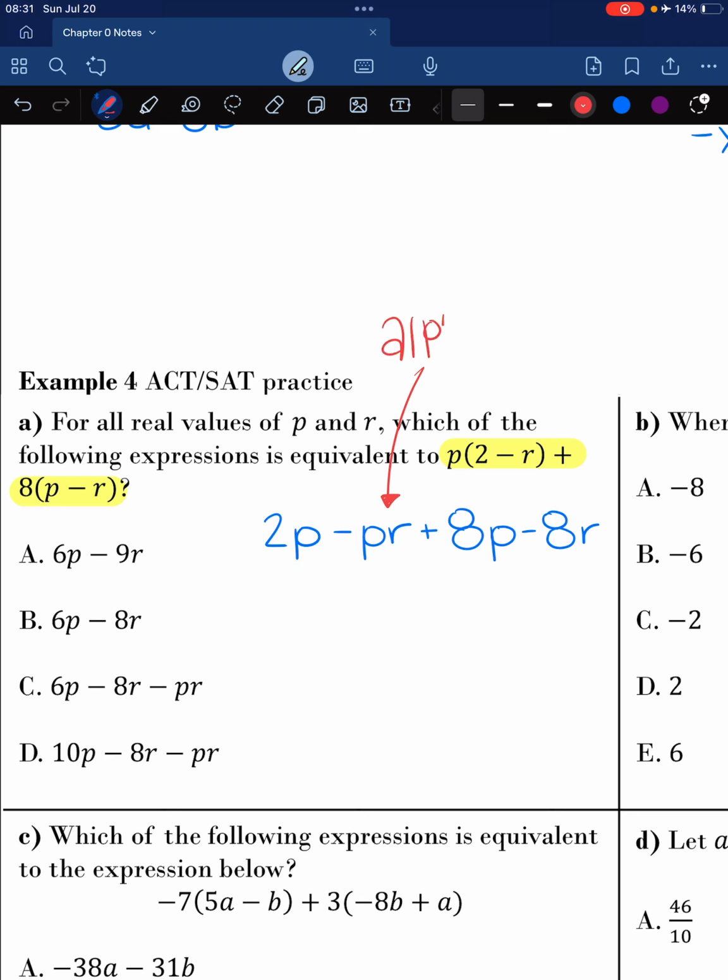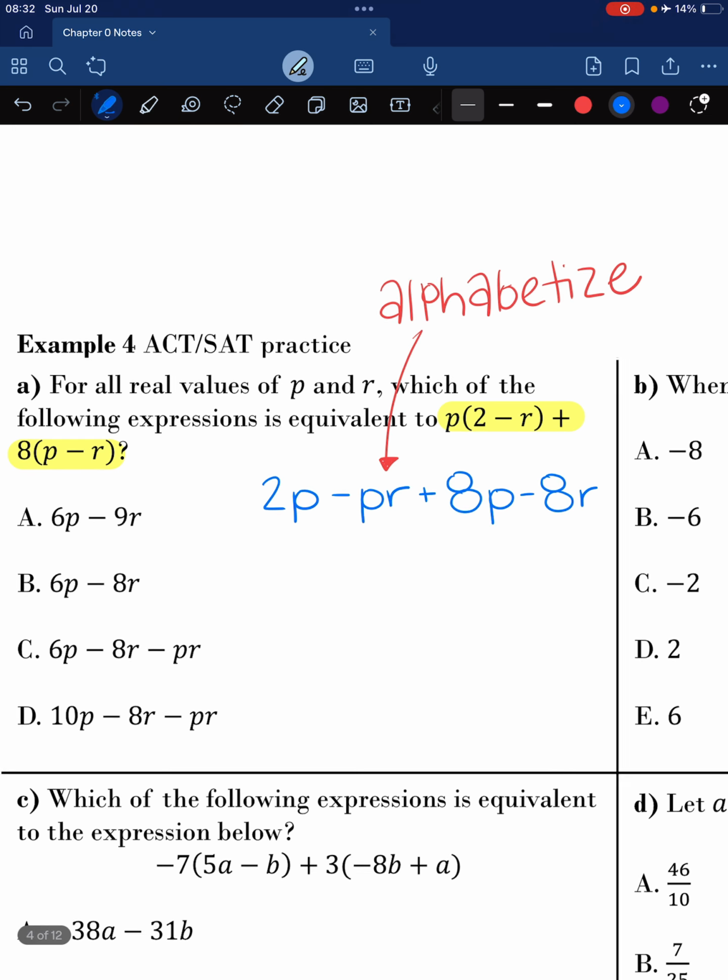Typically, we want to alphabetize our variables. That just makes it easier to combine like terms or recognize that things are like terms, if I know that I should always put them in alphabetical order. Then, again, it's just easier to see that terms match.